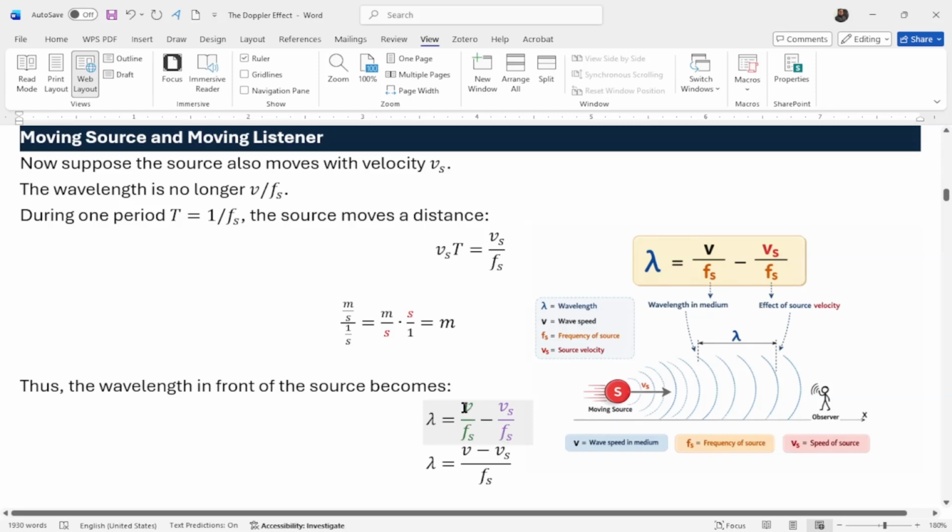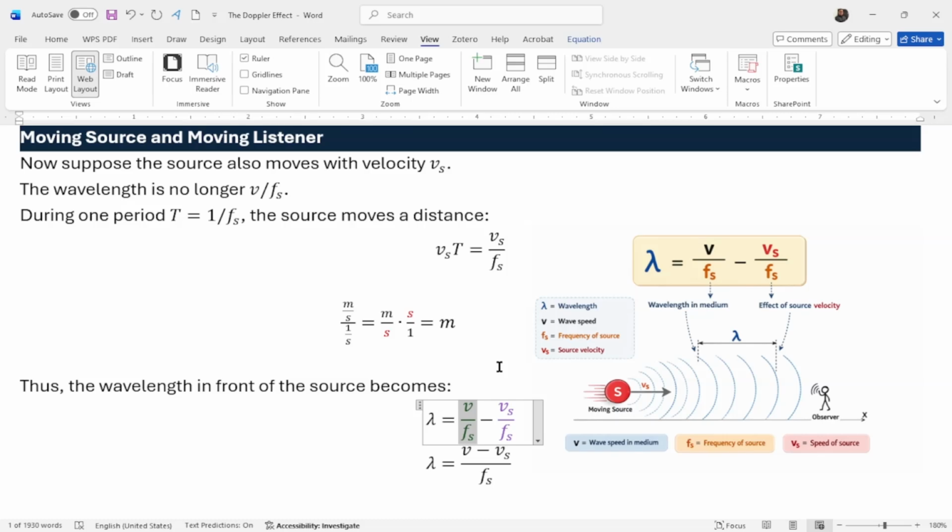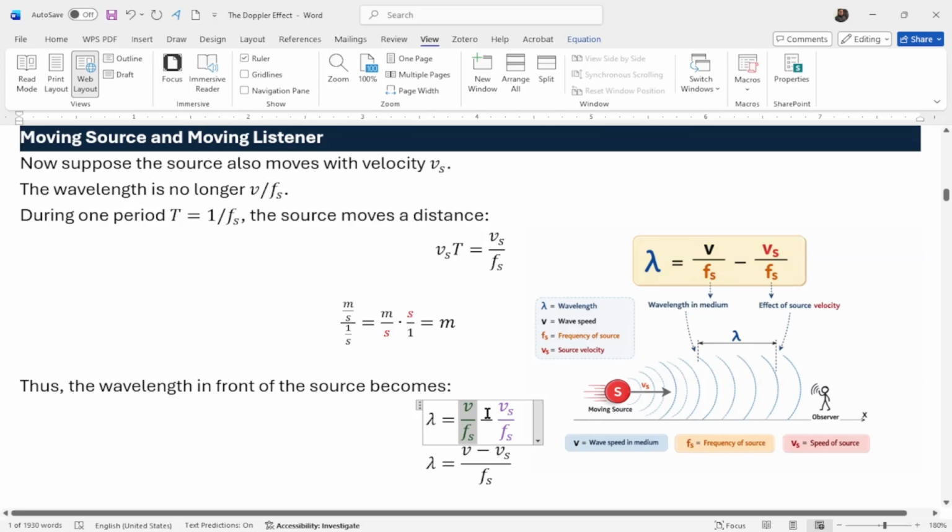Now take note that this v, or the nu, over f sub s is referring to the velocity of the sound in relation to the frequency emitted by the source.